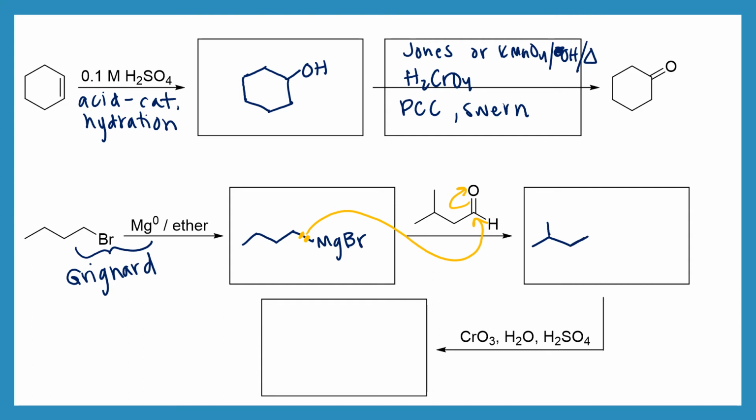These are the carbons that already existed. This is my carbonyl carbon that I just made a bond to. This is my bond from my Grignard. And then my Grignard has 1, 2, 3, 4 carbons.